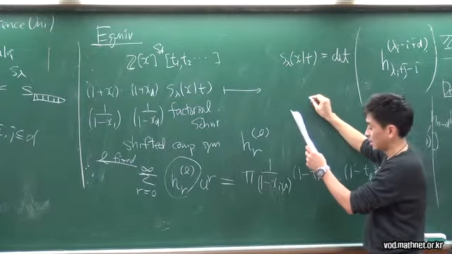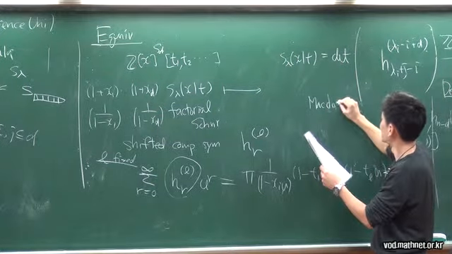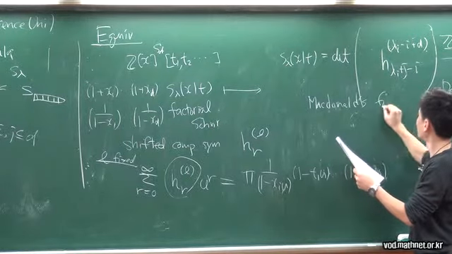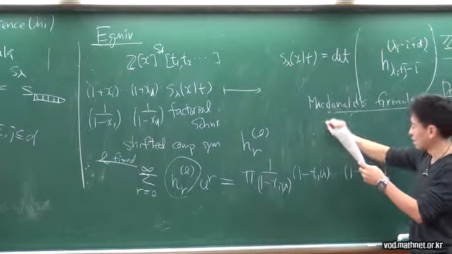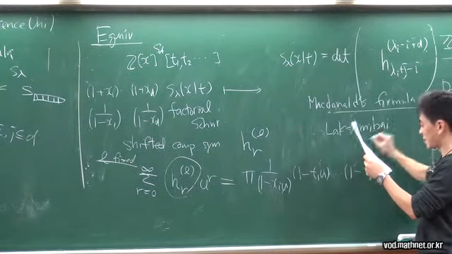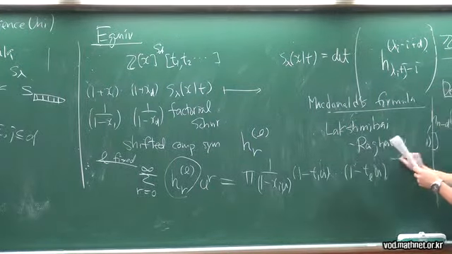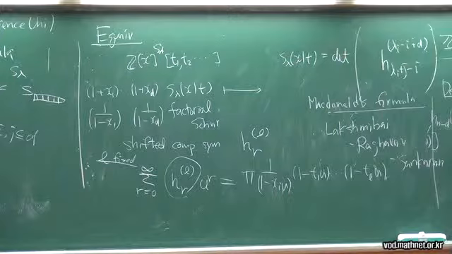You can find this in Macdonald's book, Macdonald's formula. And also on the geometry side, Lakshmibai, Raghavan and Sankaran proved a formula which is formally equivalent to this formula.